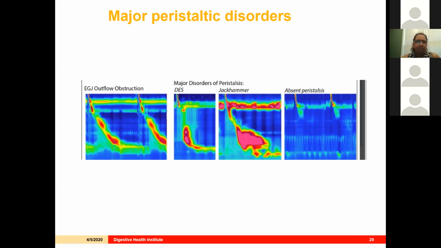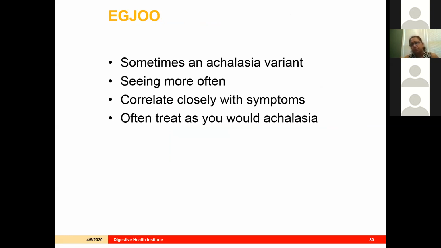EGJ outflow obstruction to me has been one of the most interesting things that we're able to see and understand now with high resolution manometry, which was a group of patients that was very, very hard to ever really diagnose, because you could see on traditional manometry some of that failure of the bolus to clear, but at the same time you might see some relaxation of the LES, you might see some maintained peristalsis.